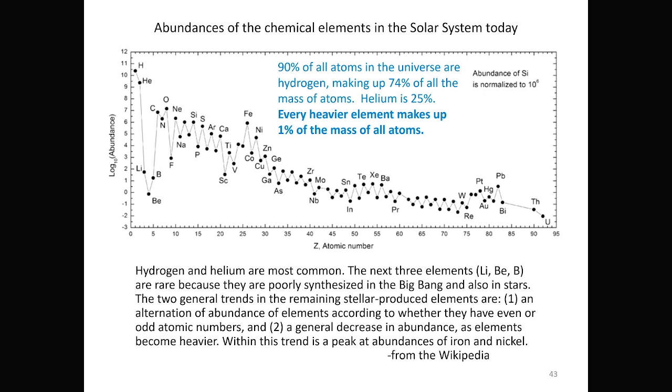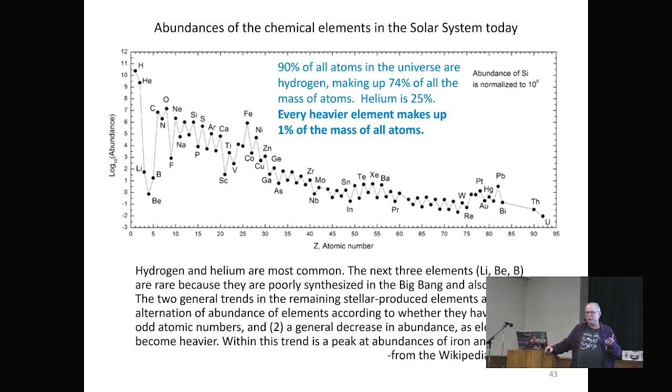So, how many of you are science fiction buffs? Read a lot of science fiction. Have you noticed there's a number of science fiction stories, especially ones by Alistair Reynolds, that talk about the intelligent species of the universe competing over the heavy elements?